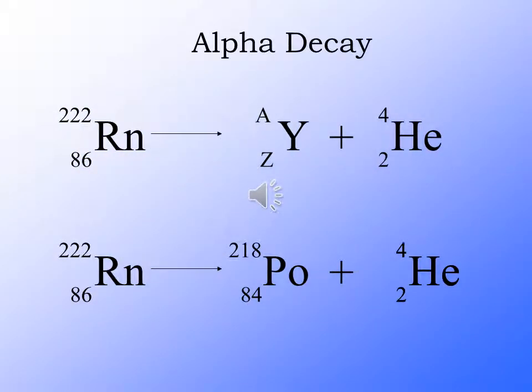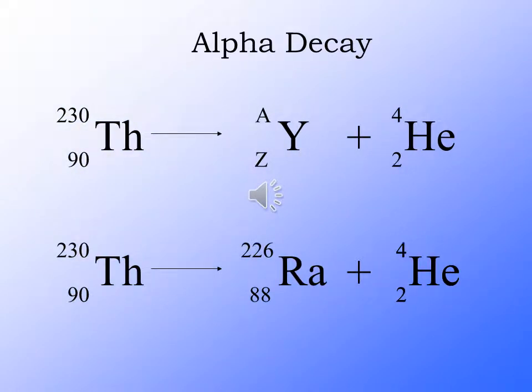The same radon can lose an alpha particle to form polonium by decreasing the mass number from 222 to 218 and the atomic number from 86 to 84, releasing a helium particle.